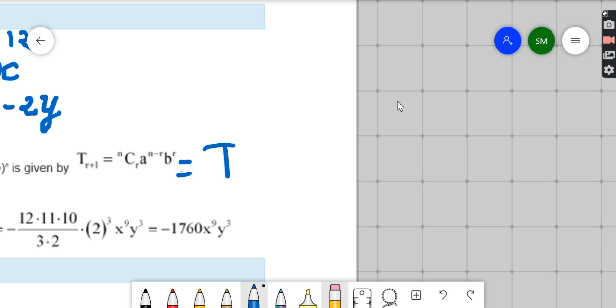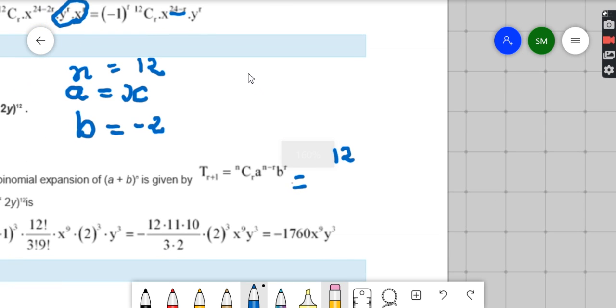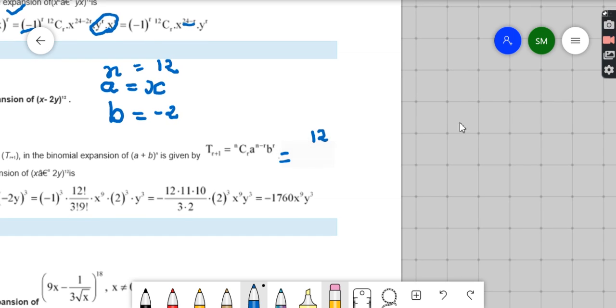It is already given, so let me write down the value of n. N is equal to 12. You can see over there n is equal to 12. 12CR formula, general term.